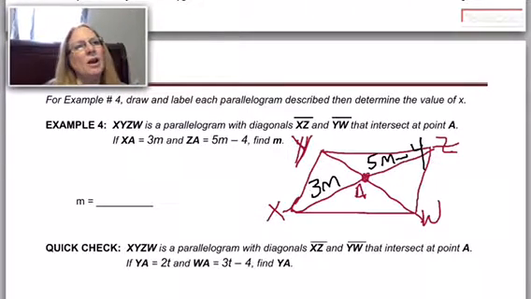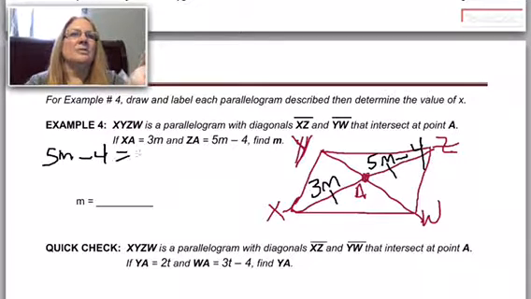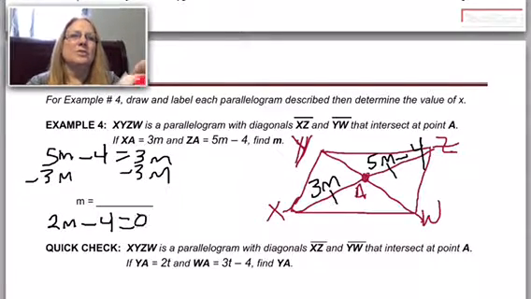You go back to your properties that diagonals bisect each other. So this is equal to that. So then it's just 5m minus 4 equals 3m. Subtract 3m from both sides, and you get 2m minus 4 is equal to 0.